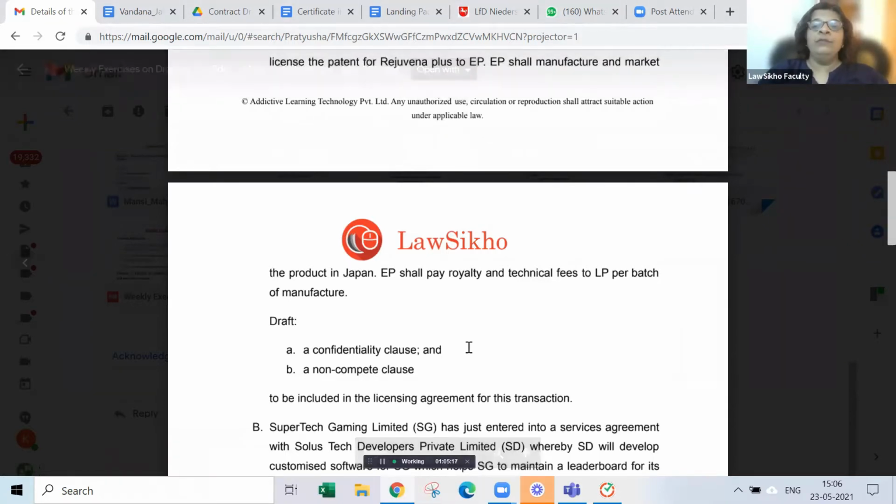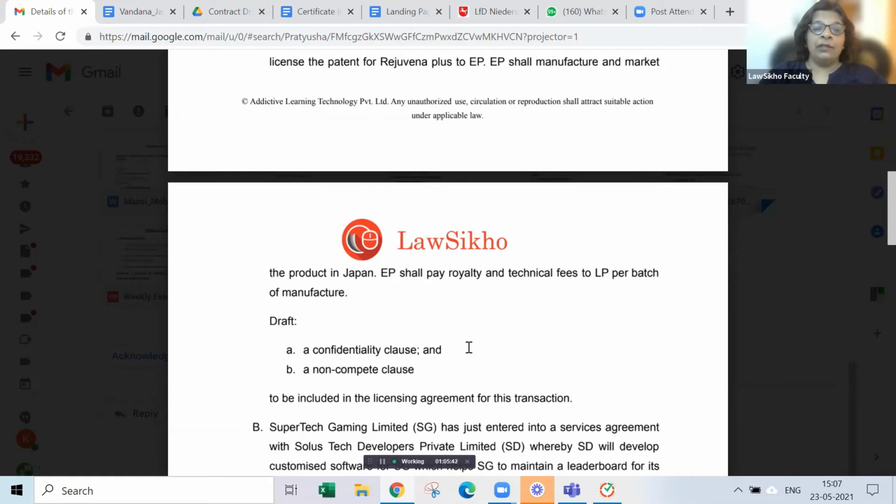Now, from the point of view of confidentiality, the concerns of the Indian company will be that the Japanese company can leak this formula, right? So the formula for that product will be out in the open, or they can use it by themselves and create a competing entity of the Indian company.